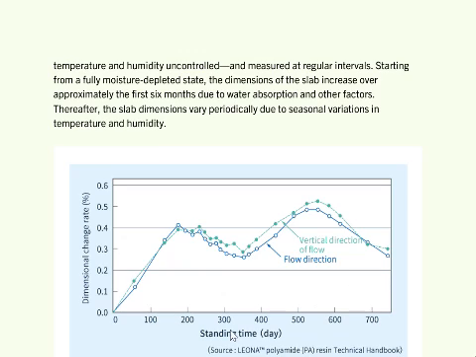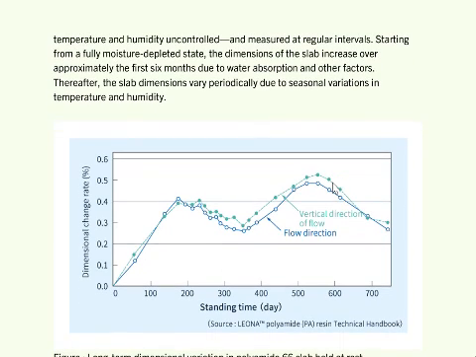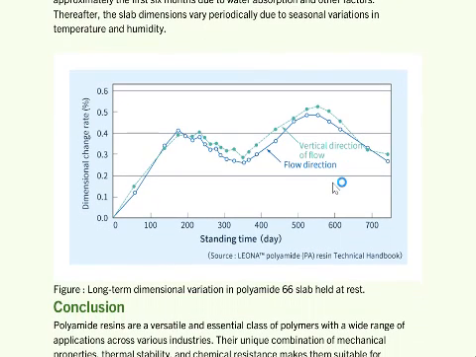Starting from a fully moisture-depleted state, the dimension of the slab increases over approximately the first 6 months due to water absorption and other factors. Thereafter, the slab dimensions vary periodically due to seasonal variations in temperature and humidity.